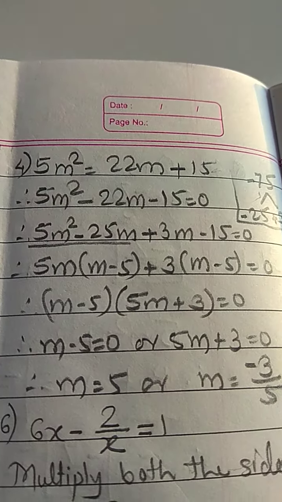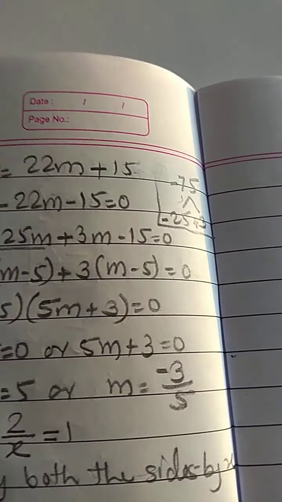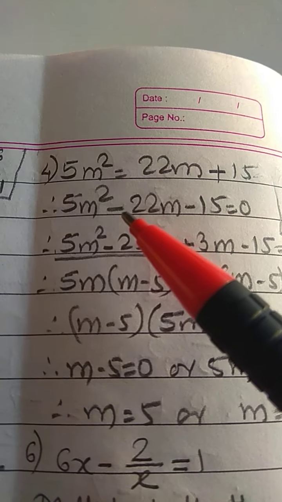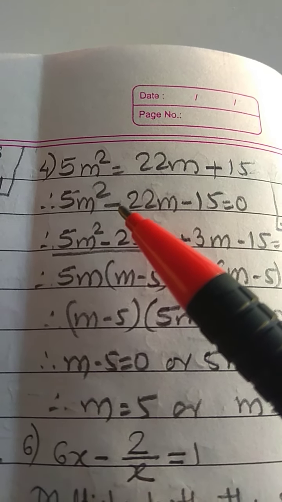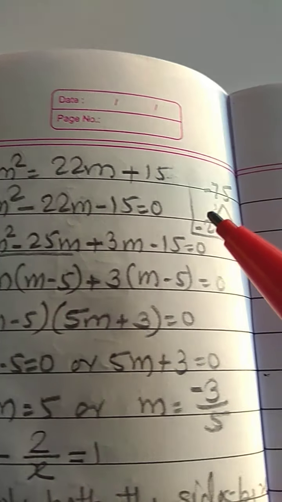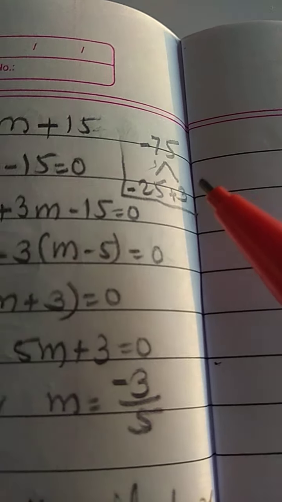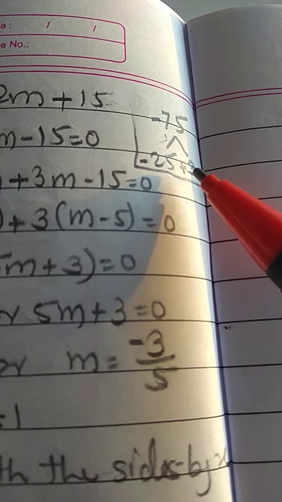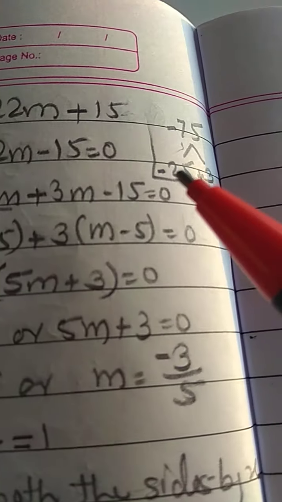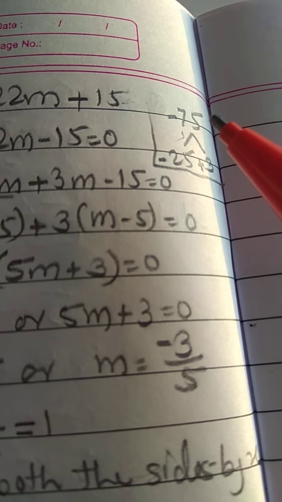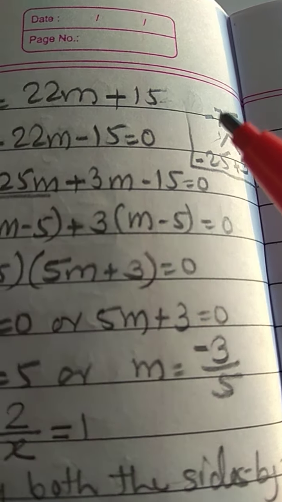So the numbers are 25 and 3. The simple trick is the middle sign should go to the bigger one, that is minus 25 plus 3. Once again we can check, minus 25 plus 3 is minus 22 and minus 25 into 3 is minus 75.